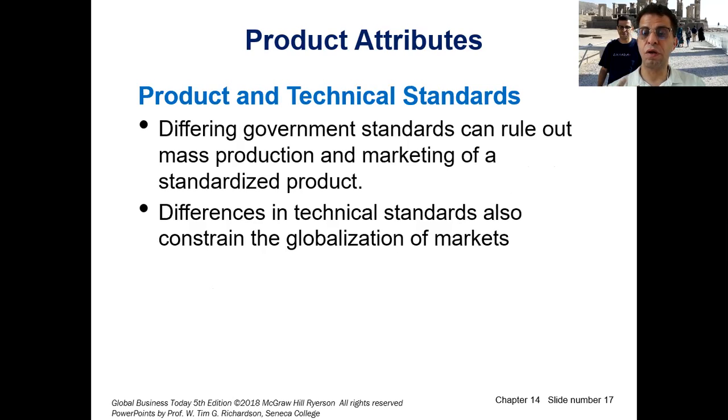Maybe the same burger, but the bacon should be made from non-pork products, for example, because pork is not allowed to be imported. That's one of the government regulations. Besides the regulation not allowing that, the difference in technical standards also constrains the globalization of the market, as you're aware.